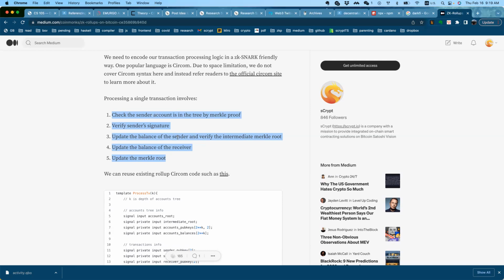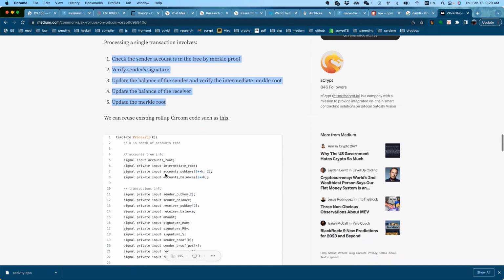Afterwards, the sender's amount is deducted, the receiver's is incremented, and the root of the tree is updated. Just what you would imagine if you did this on chain. So you are validating the token transfer is valid. This can all be coded in the circuit itself. This is the function we talk about: is this given transaction valid?